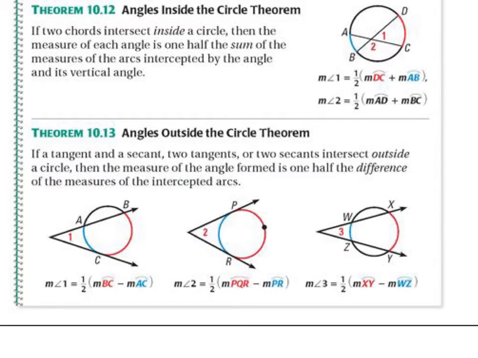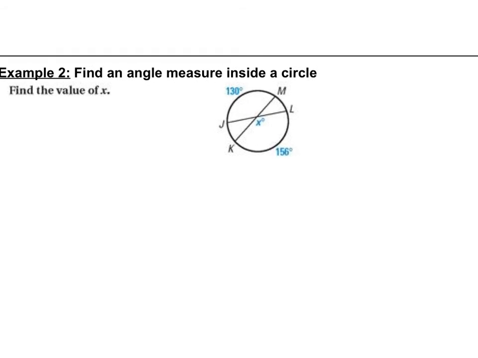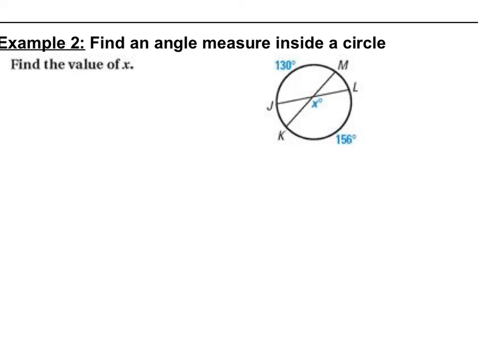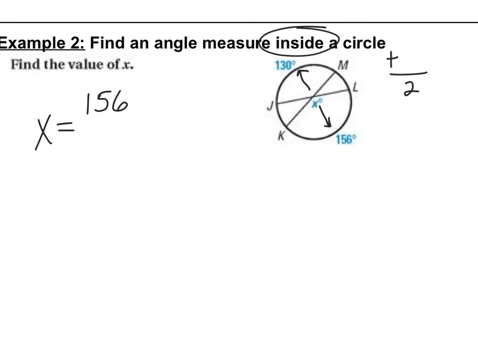All right, with those in mind, let's take a look at another example. This one is a measure inside the circle. So inside, I just need to remember that I'm going to add together, then I need to divide by 2. If I'm trying to find the value of x, it's going to be equal to the intercepted arc, which is 156 degrees, plus the intercepted arc created by the vertical angle, which is 130 degrees.